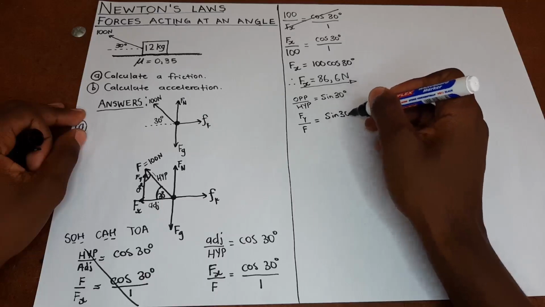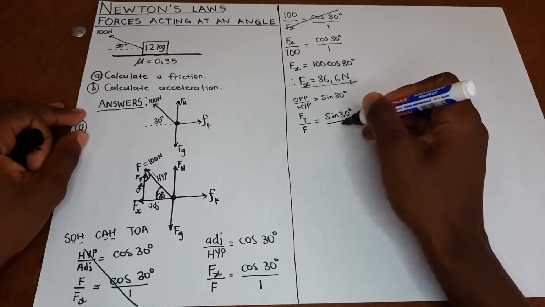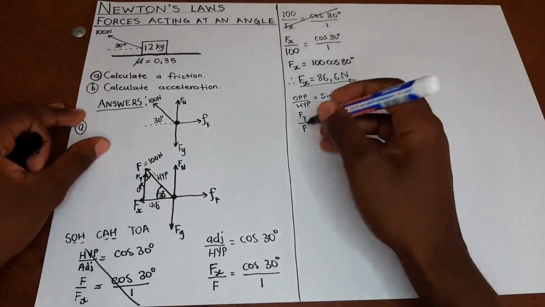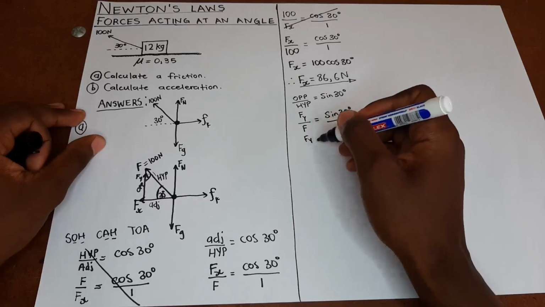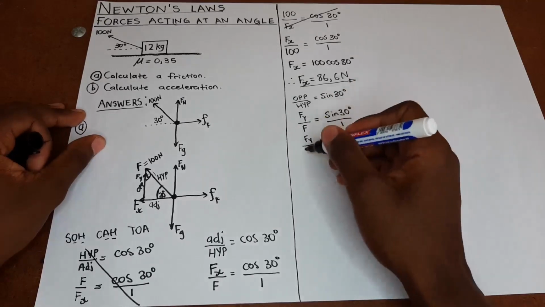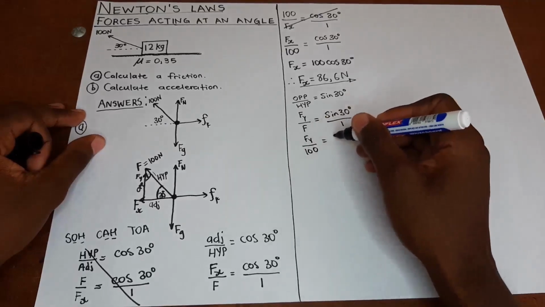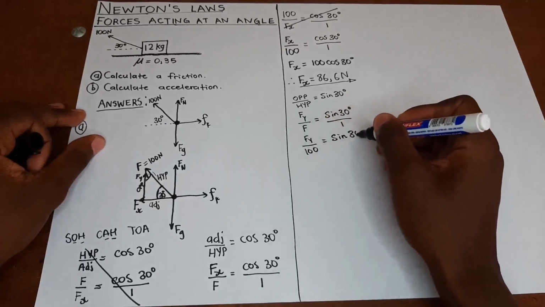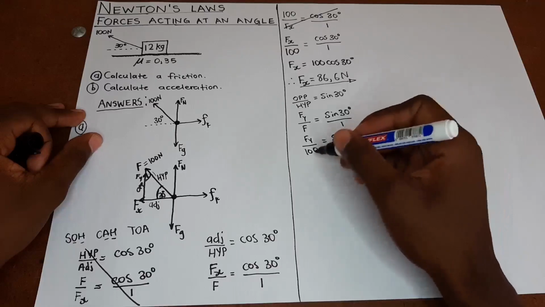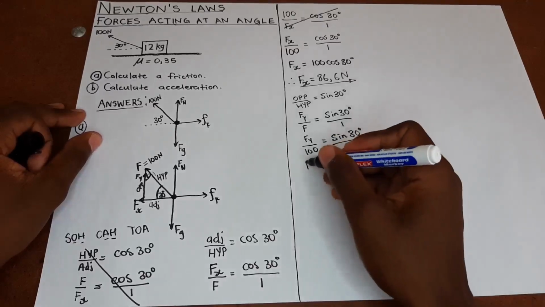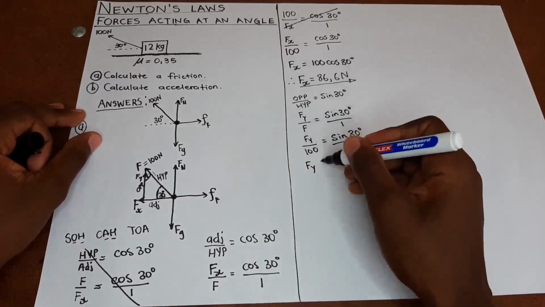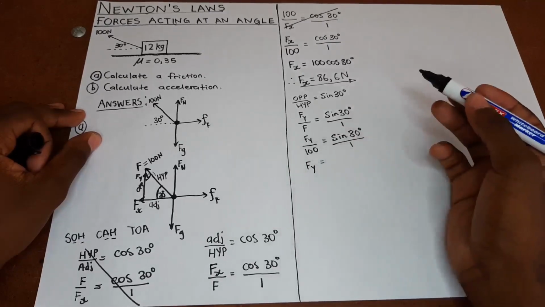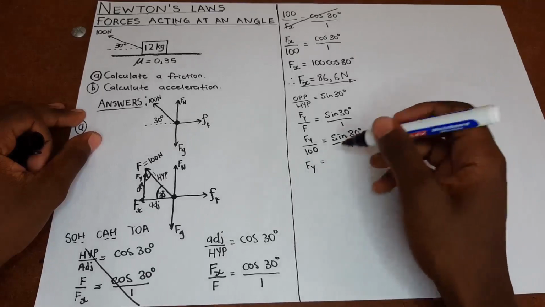Sine 30 degrees over 1. Let's substitute right now. So our Fy, the opposite side, over 100 is equal to sine 30 degrees over 1. Let's cross multiply. Fy is equal to 100 multiplied by sine 30 degrees.